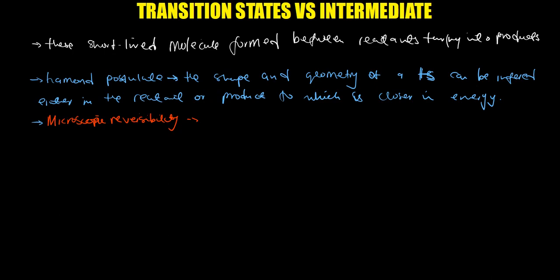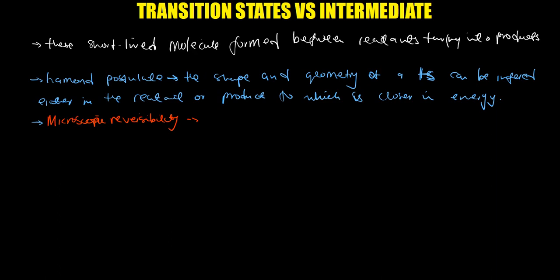The intermediate, we said, is something in between the reaction, where the reactants are turning into the product. So the intermediate that will be there in the forward reaction should be the one present in the reverse reaction, under the same conditions.